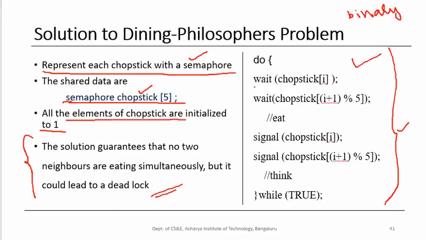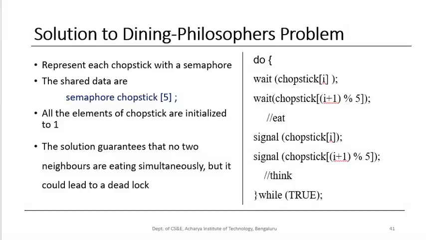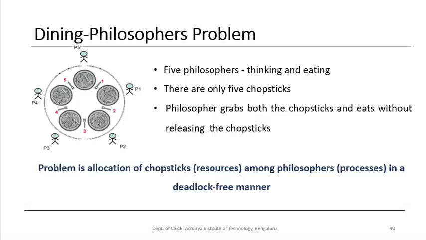Any philosopher who is trying to eat should get 2 chopsticks, right? For example, let us go to the previous slide. Suppose P2 is the philosopher who is trying to eat. So what are the chopsticks that he needs? 2 and 3, right?